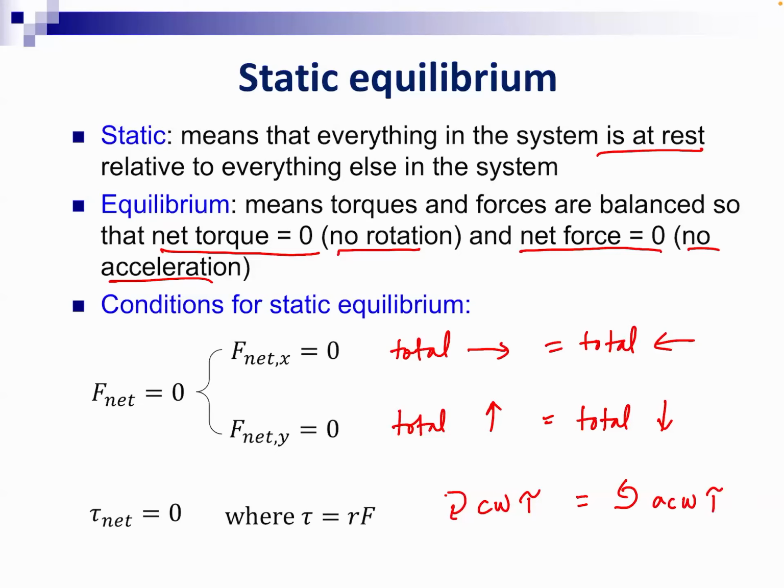We need to balance out the torques about a chosen pivot in order to have no rotation in the object. So this is what we'll be doing today: balancing out forces and balancing out torques.